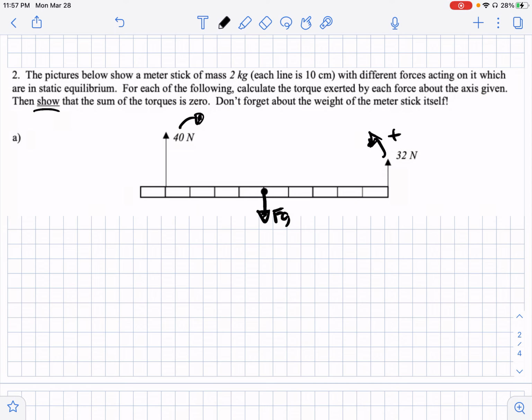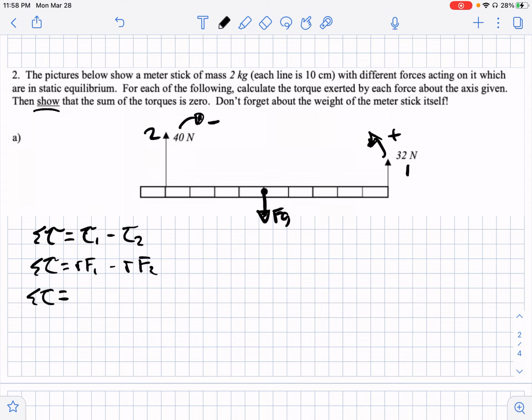So this one's going to be positive. This one's going to be negative. So let's make our net torque equation. Let's call this one 1 and this one 2. So the torque from 1 minus the torque from 2. Let's plug in for those. So my net torque is equal to R times F1 minus R times F2.